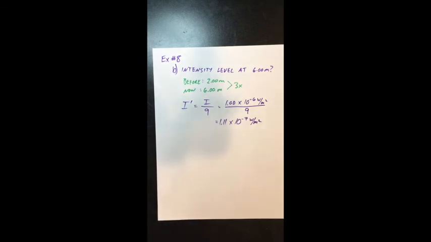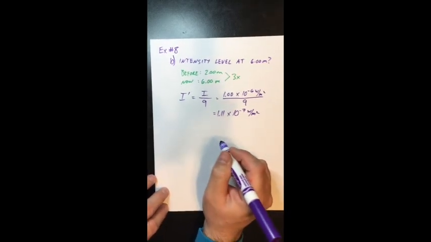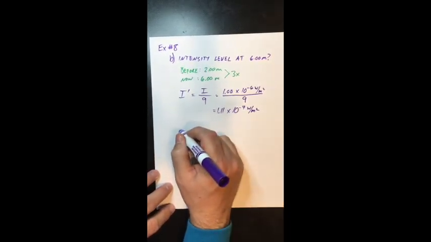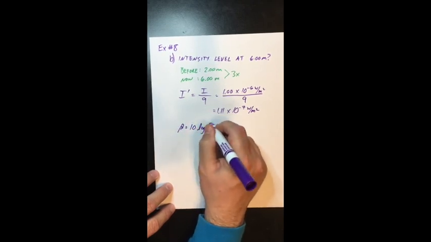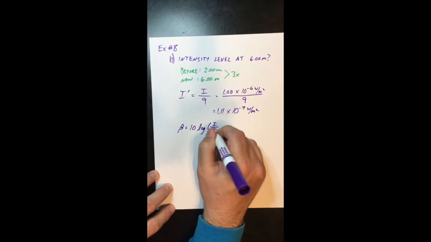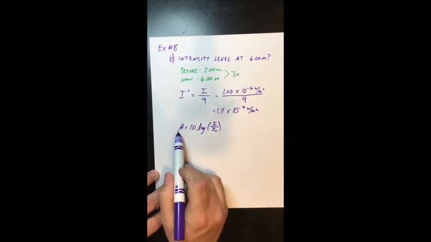So now what we want to do is use that in our intensity level formula. So beta equals 10 log of I over I naught. So beta is what we're trying to find this time. That's the intensity level.